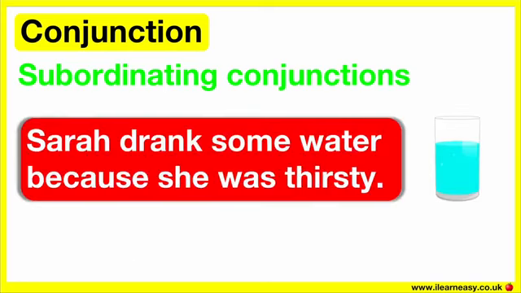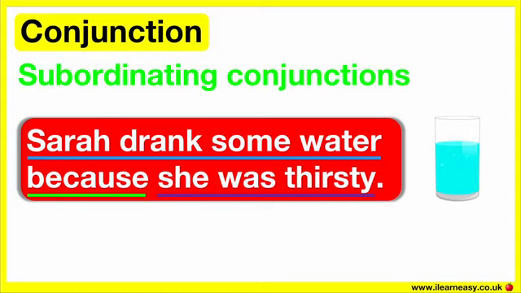For example, Sarah drank some water because she was thirsty. In this example, the independent clause comes first. Sarah drank some water, followed by the subordinating conjunction because, and then the dependent clause. She was thirsty.